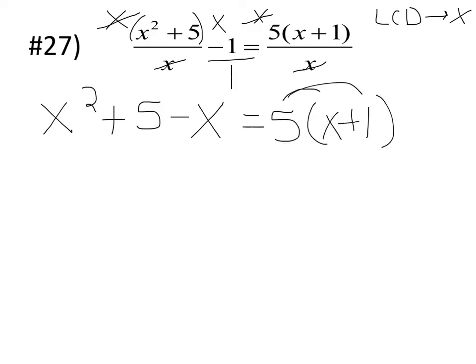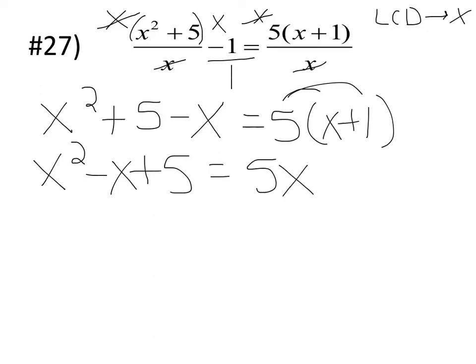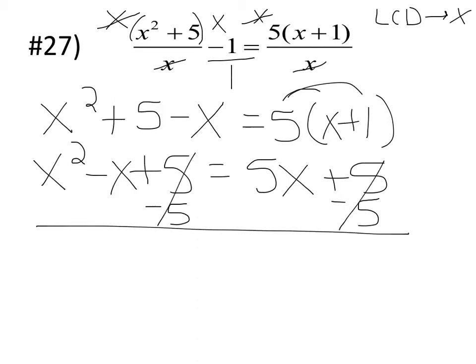So distribute, and I'm going to write, on the left side, I'm going to write this in order. X squared minus x plus 5, just in case we have to factor, equals 5x plus 5. I'm going to subtract 5 from both sides, because remember, in order to factor, you have to get everything set equal to 0.